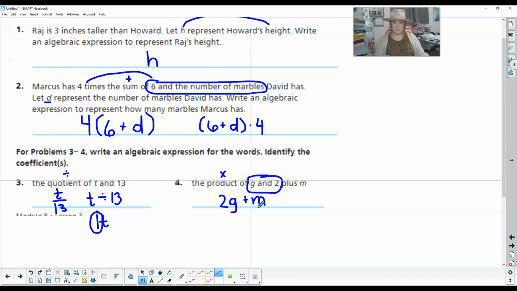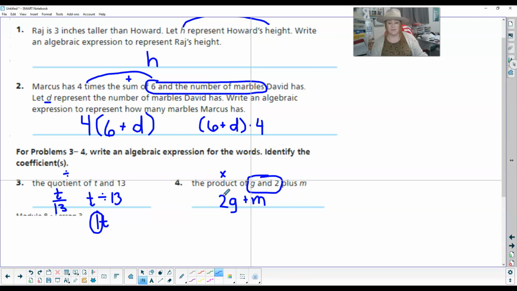So I could, but I don't need to on this one. This one, we don't need parentheses because there's just one thing to do. This one, I have to put parentheses because you have to do 6 and D first, then times. If I don't have those parentheses, I would have to do 4 times 6 first, and then just add D on, and that's not what it asked for.